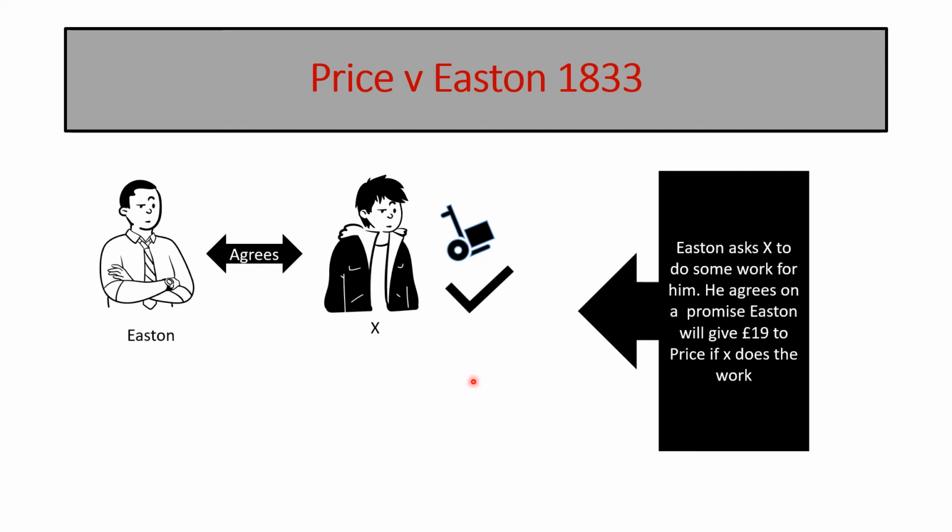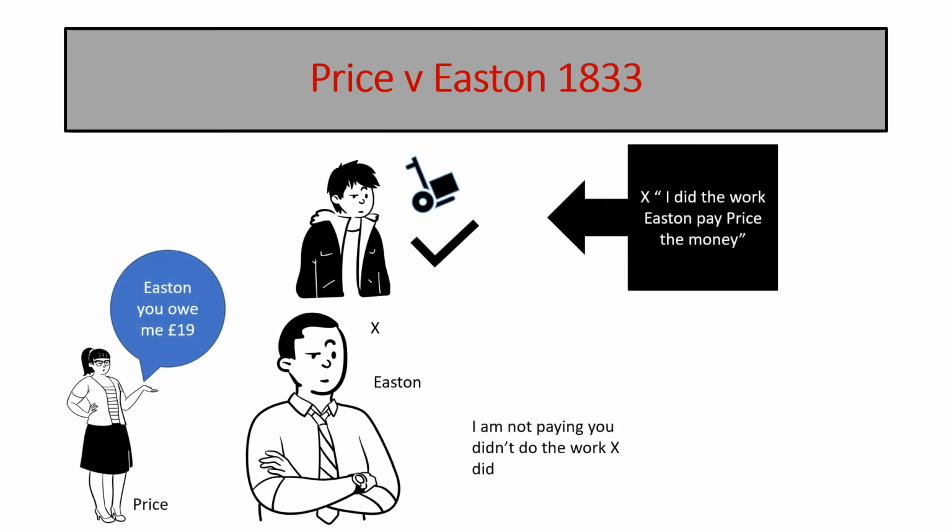And he agrees, that is, Easton and X agree together that if he does the work, Easton will give £19 to Price. So that's point number one. So looking at this, who are the parties to the contract? X and Easton.